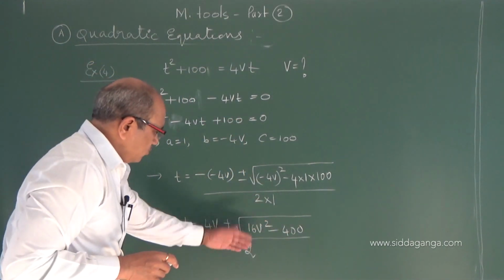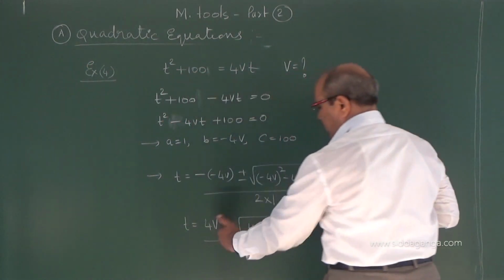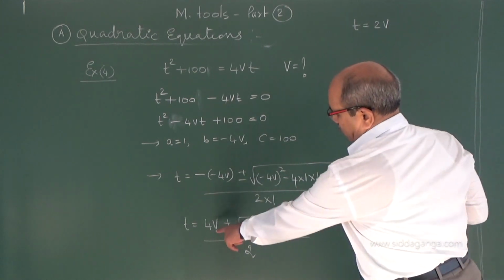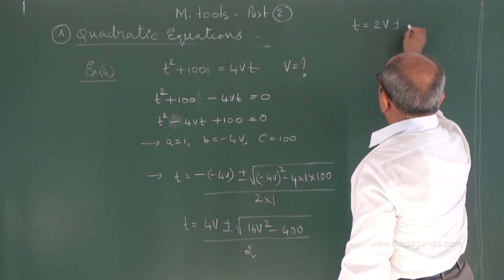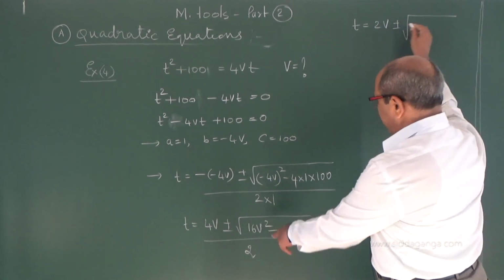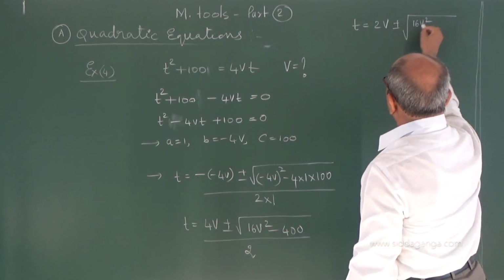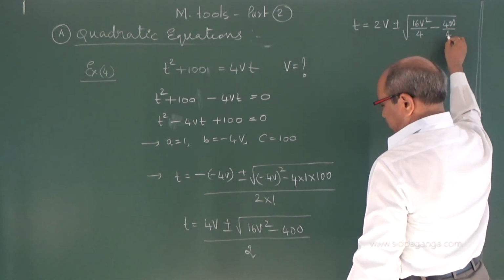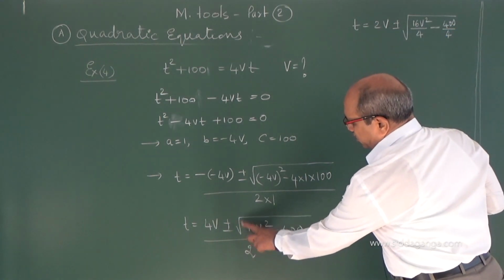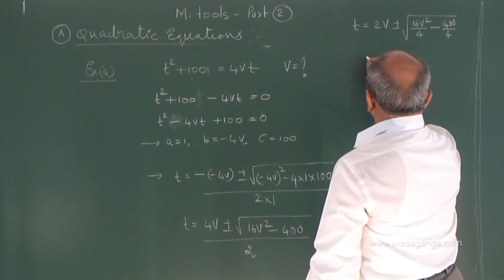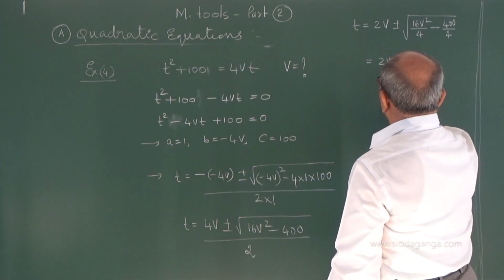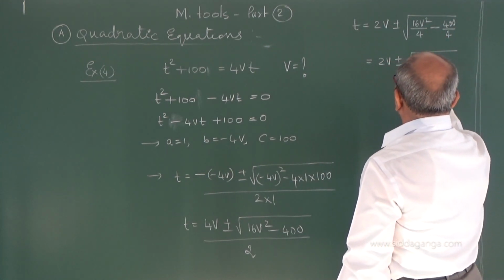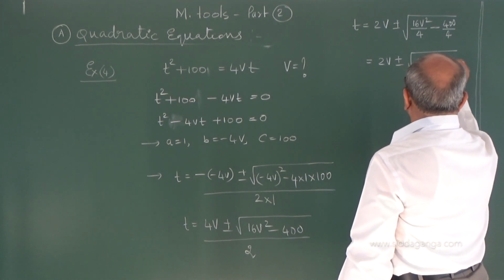If I take the 2 inside the root, dividing equally, t equals 2v plus or minus square root of 16v square by 4 minus 400 by 4. So this becomes 2v plus or minus square root of 4v square minus 100.